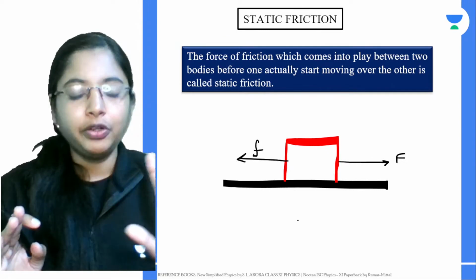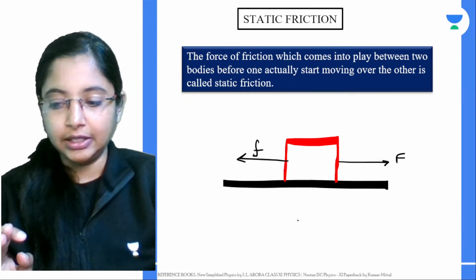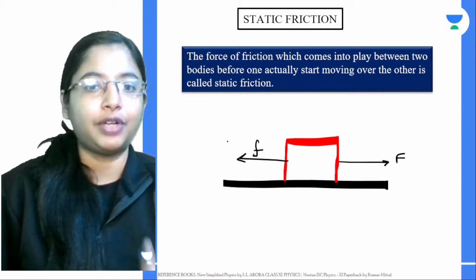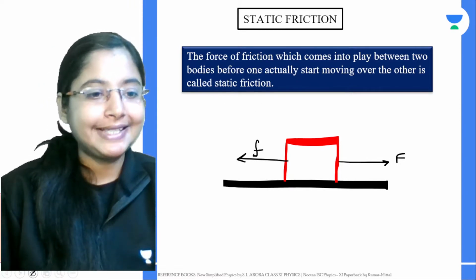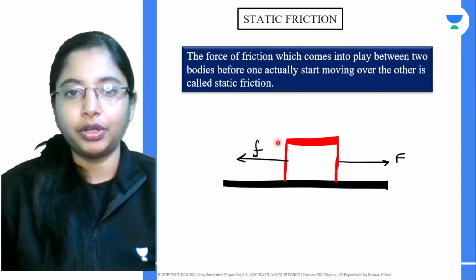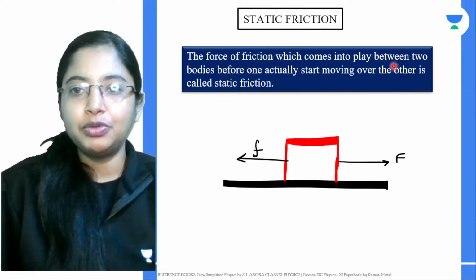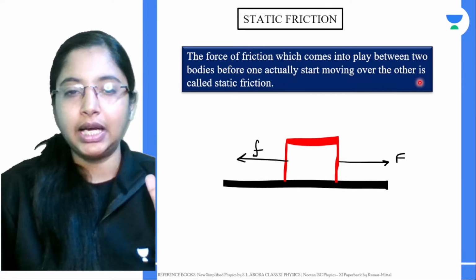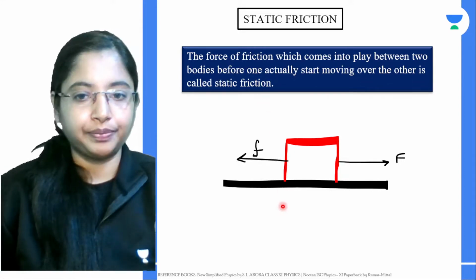Then that point where the object is not moving as you're applying force, that particular friction is called your static friction. Static meaning stationary, or at the same point, okay? So the force of friction which comes into play between two bodies before one actually starts moving over the other is called static friction.